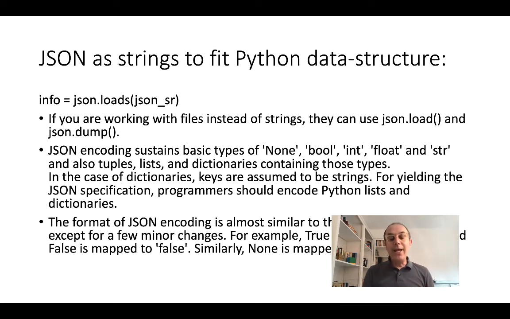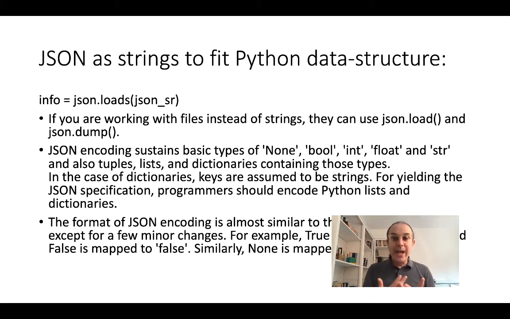So converting a string into a Python data structure is also part of Python. If you're working with a file instead of a string, you can use json.load, or json.dump to work with it as a string. It encodes basic types such as None, bool, int, float, or string, but also dictionaries and even lists to contain those items.